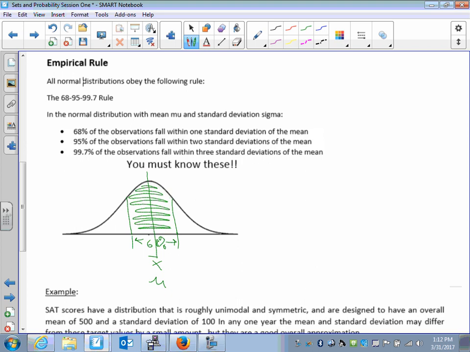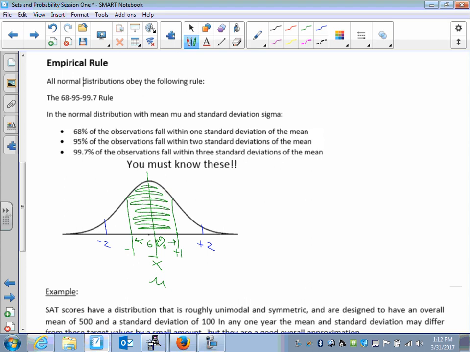Now, if we were to go 2 standard deviations to the right and left of the mean, this would be minus 2 standard deviations, this would be plus 2. I didn't put the 1 and negative 1, so let me just do that. Here's plus 1 standard deviation, here's minus 1 standard deviation.